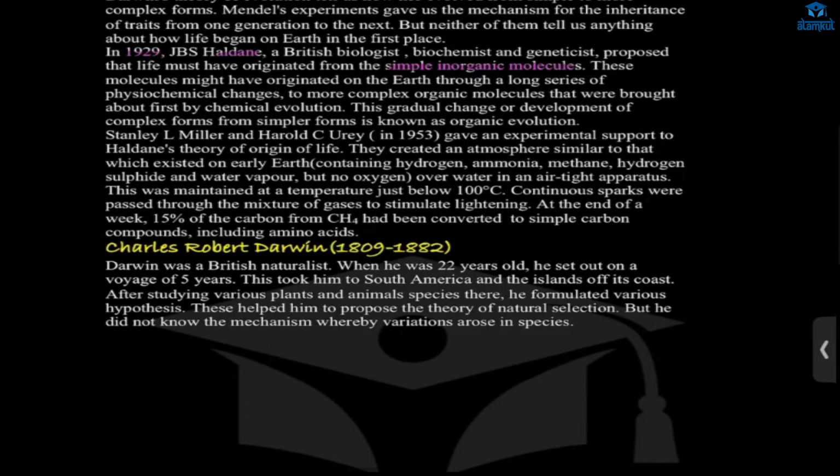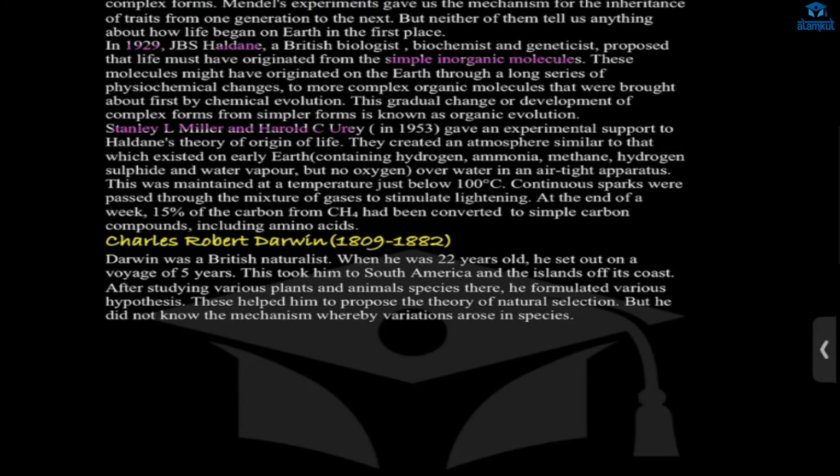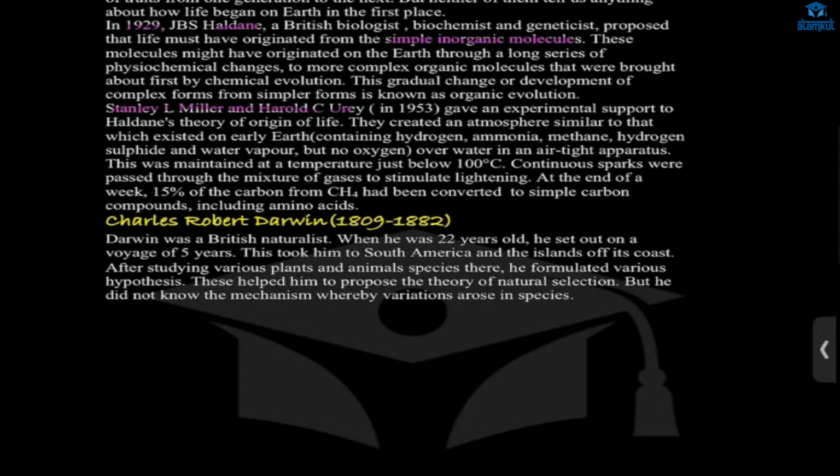And this thing, Stanley L. Miller and Harold C. Urey experimented to support this theory. What did they do? They created an atmosphere like early Earth, and the temperature, everything, they maintained below 100 degrees Celsius.